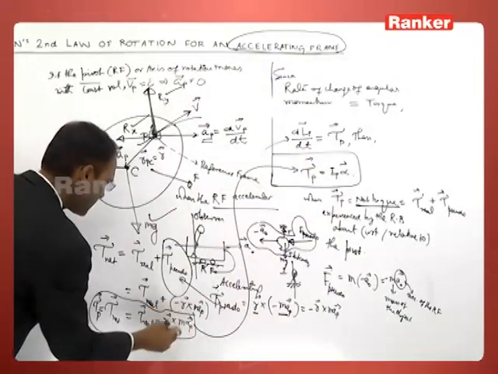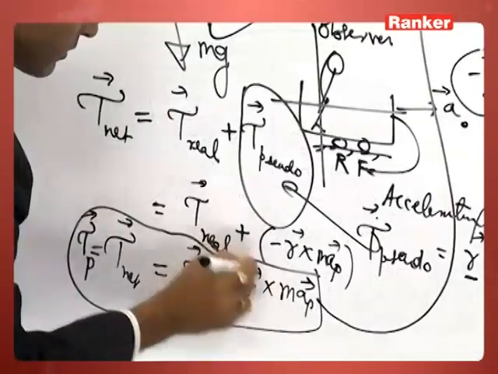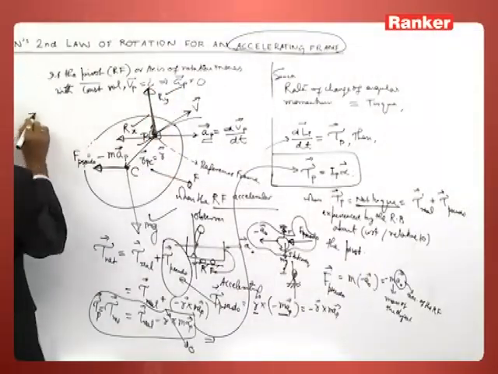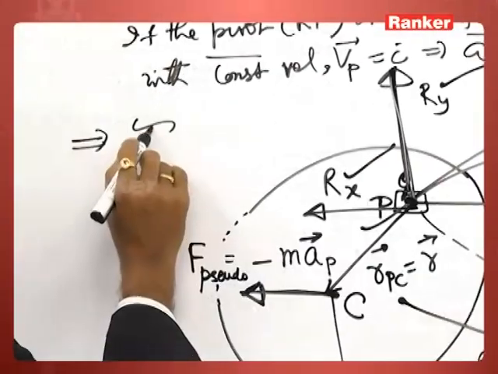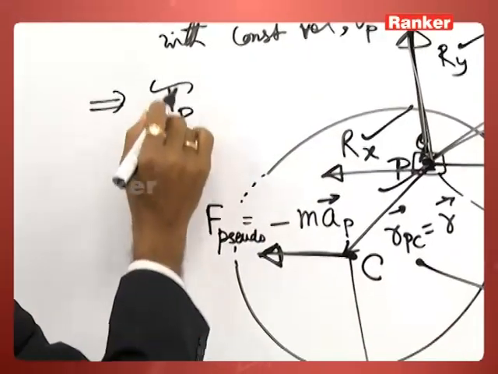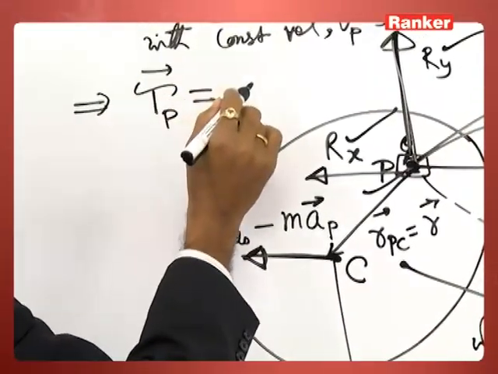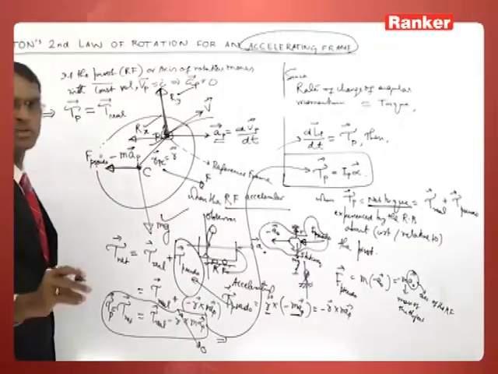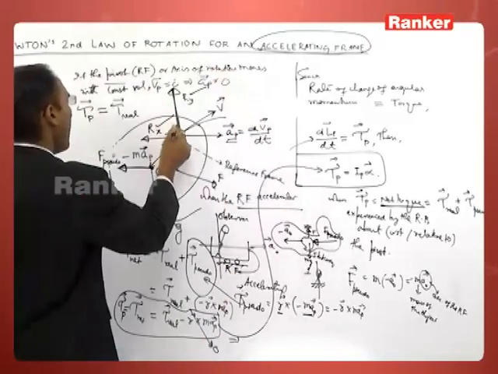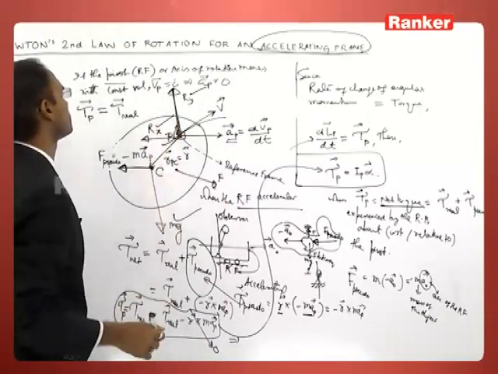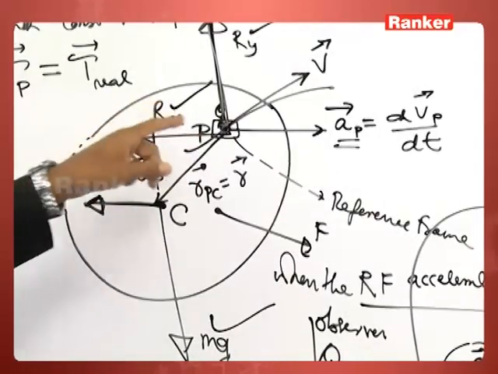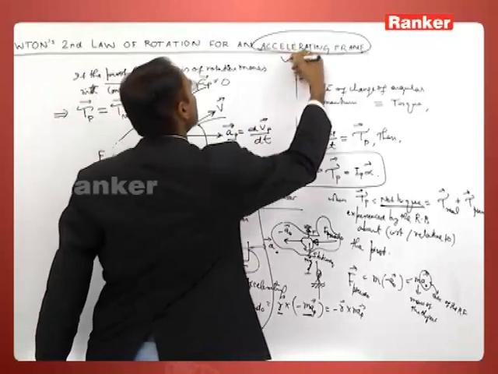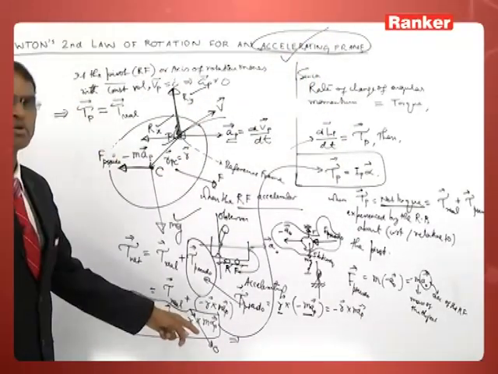The pseudo force will vanish, the pseudo torque will vanish. Then we can just write, the torque about the pivot is equal to the real torque. The pseudo torque will be 0, but when the point of pivot or the pivotal point or the axis of rotation accelerates, then the pseudo torque will come into play.